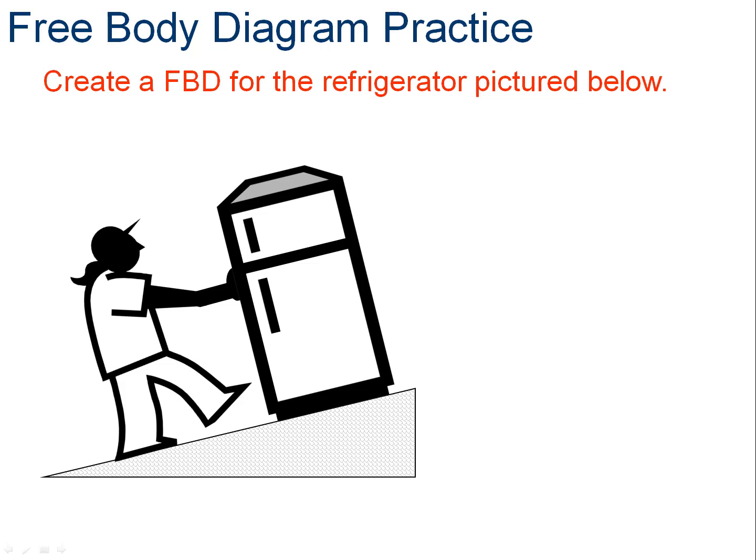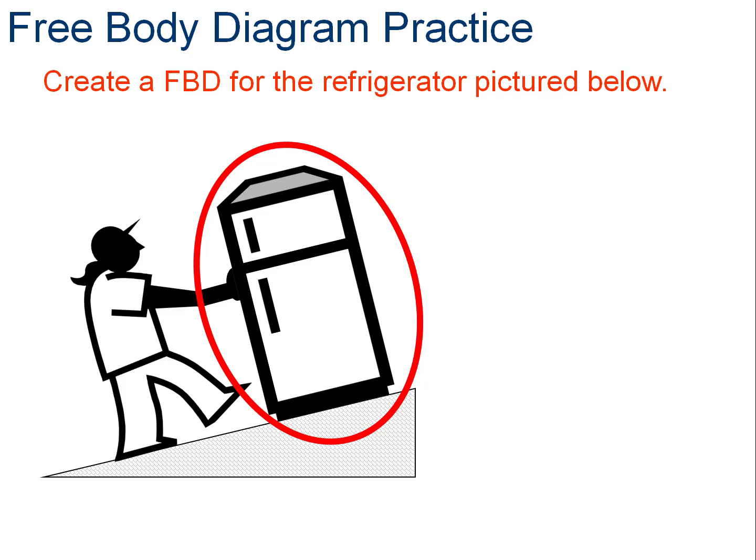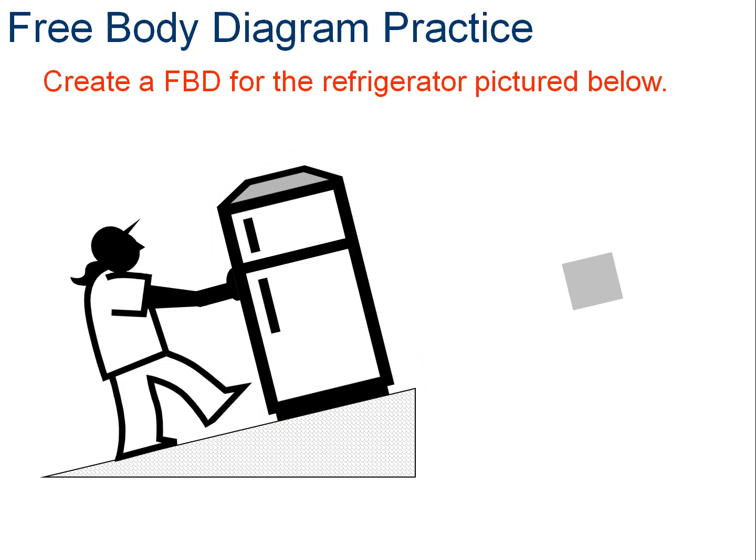This is a refrigerator. So we're going to isolate the refrigerator to be by itself. In that isolation, I'm just going to draw it as a square. Now notice that the square is at an angle, just like the refrigerator is at an angle. That'll help me to keep things straight. The weight acts straight down on the fridge, and it acts straight down on my square too.